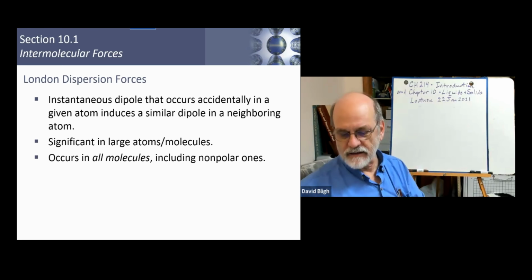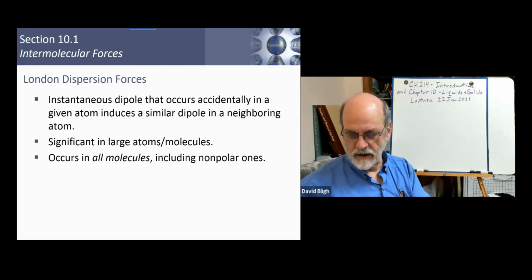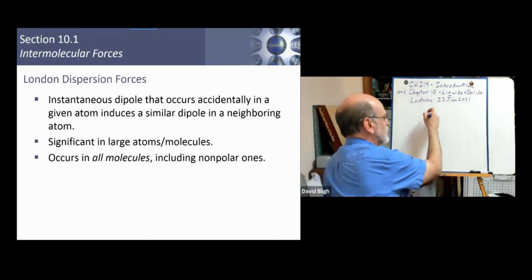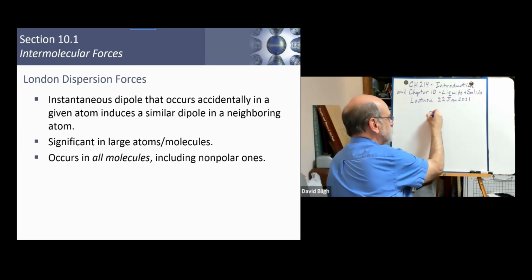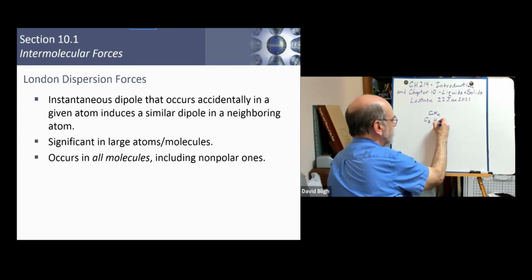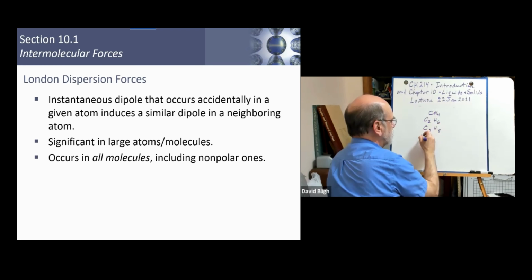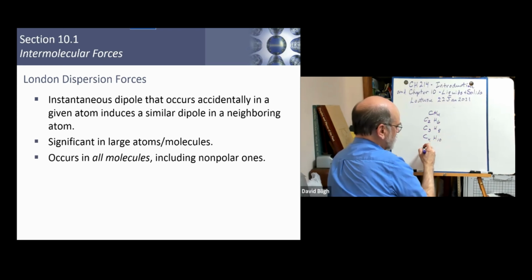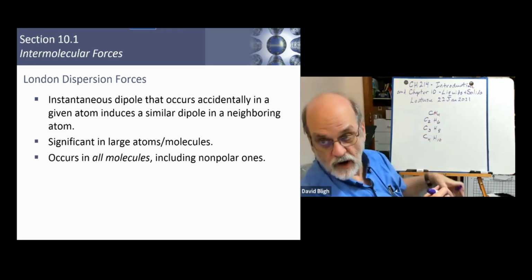And the homologous series of hydrocarbons goes like this. You've got methane, you've got ethane, you've got propane, and you've got butane, and they get larger and larger and larger.